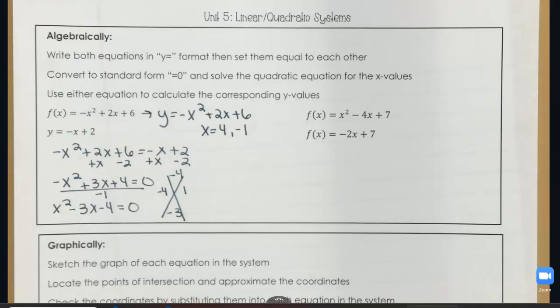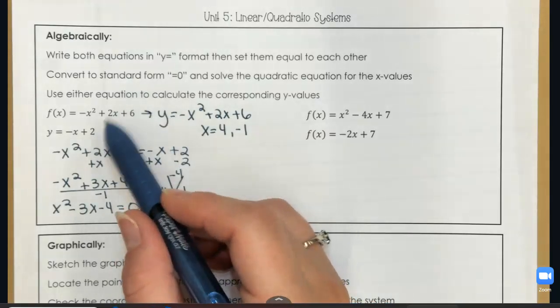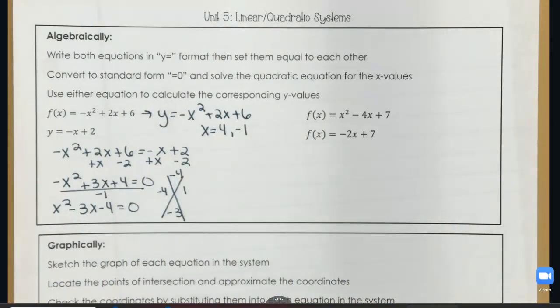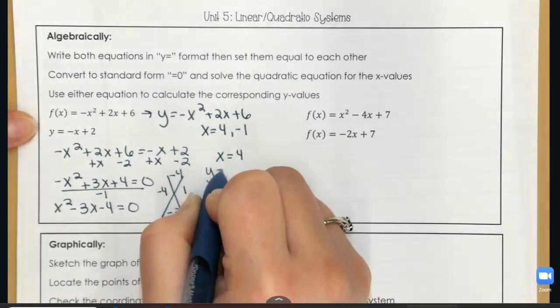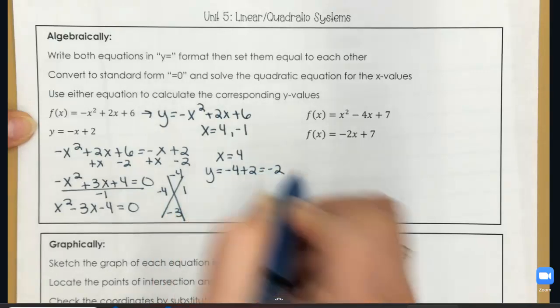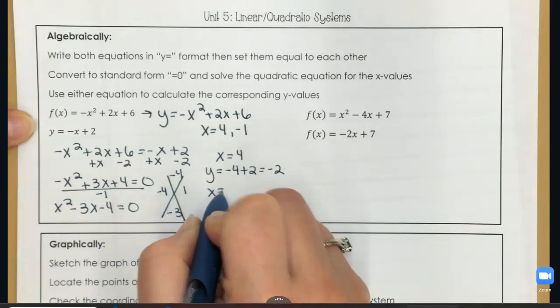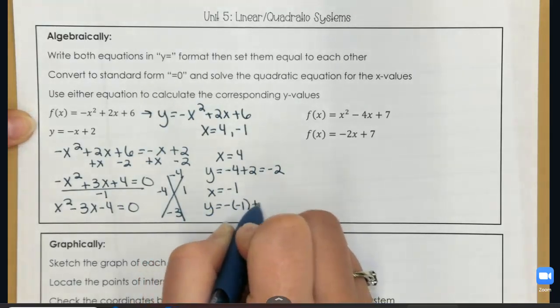Now, all that tells me is the x coordinates of where those intersect. I still need to calculate the corresponding y values. So what I need to do is plug in this x and y into one of these equations. Well, the linear one, far less steps. So when x is equal to 4, y is -4 plus 2, which is -2. And when x is -1, y is minus -1 plus 2.